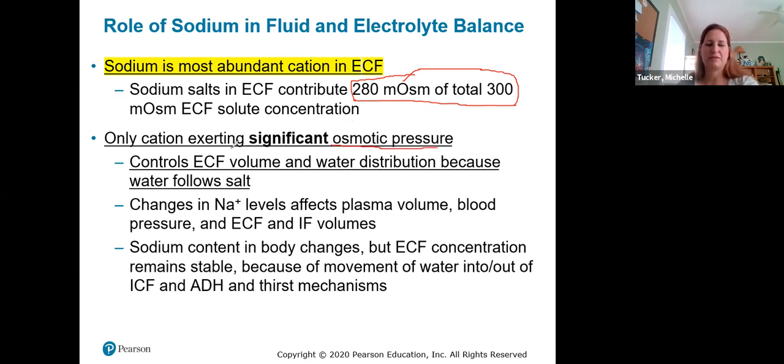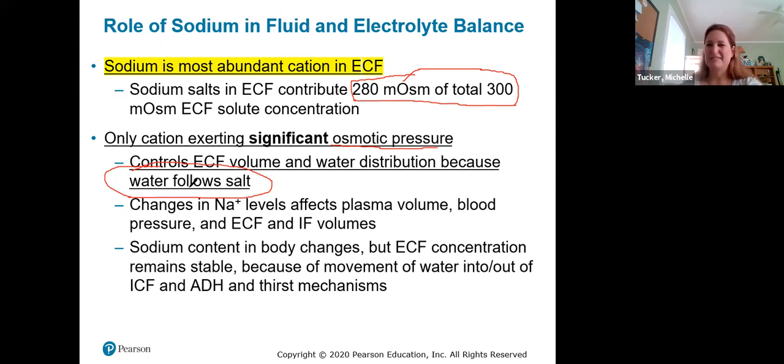So sodium also controls extracellular volume and water distribution because water follows salt. And water doesn't have any option other than to follow salt because it is going to move by osmosis. And osmosis always flows from high to low concentration. There are a few places where water can't move, right?